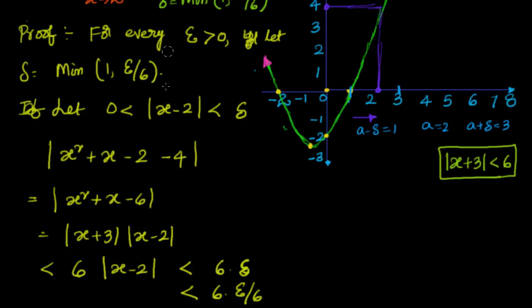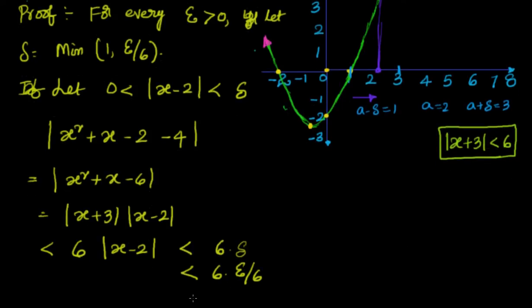I'll just erase this so that it is clear. 6 delta, 6 into epsilon by 6, that is less than epsilon.